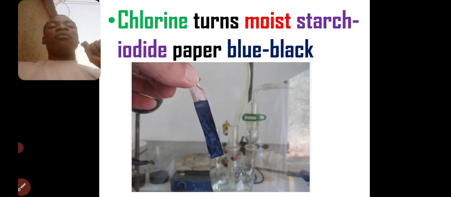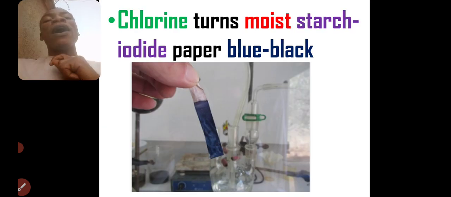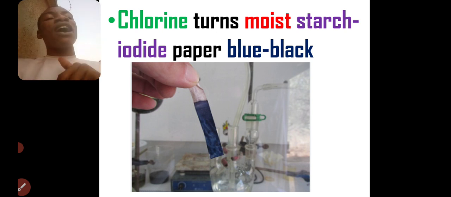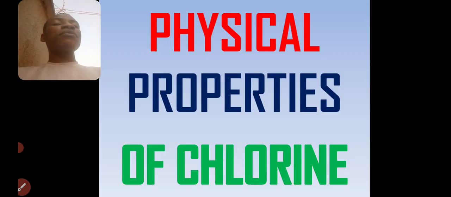Apart from litmus paper, you can also use starch iodide paper. Moisten the starch iodide paper and put it inside a gas jar containing chlorine gas. The paper will turn blue-black, and that's a confirmation that the gas inside is chlorine.